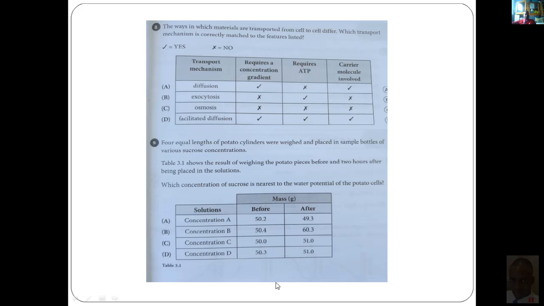Alright, let me check that again, because if we look back here at A, let's go back to A. A at 50.2, and then it went to 49.3. That is 0.9 difference. Am I correct in saying 0.9? Right? Because if you put 0.7 on this, it would give me 50, and then 2 more would make it 50.2.